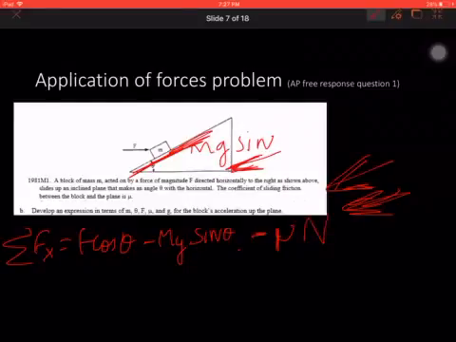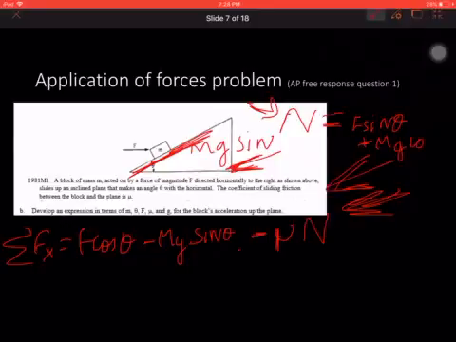What we did previously is isolate the normal force: N equals F sine theta plus mg cosine theta.